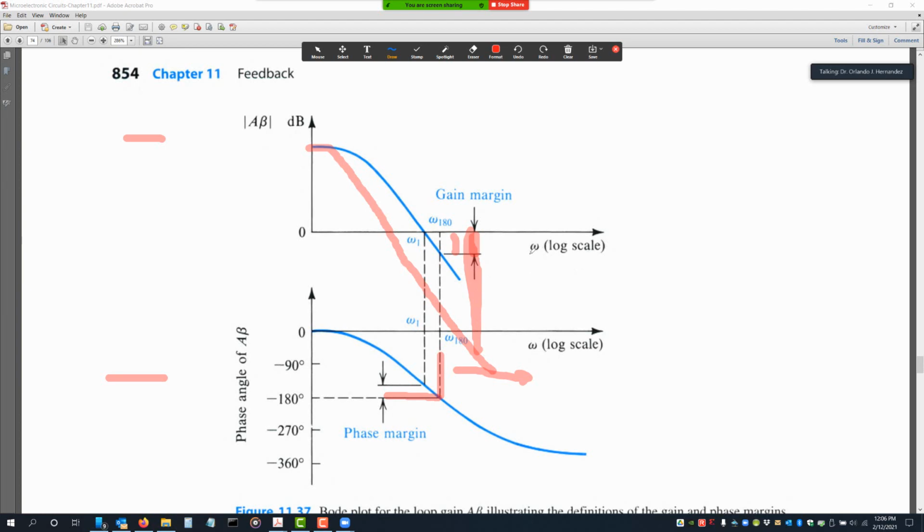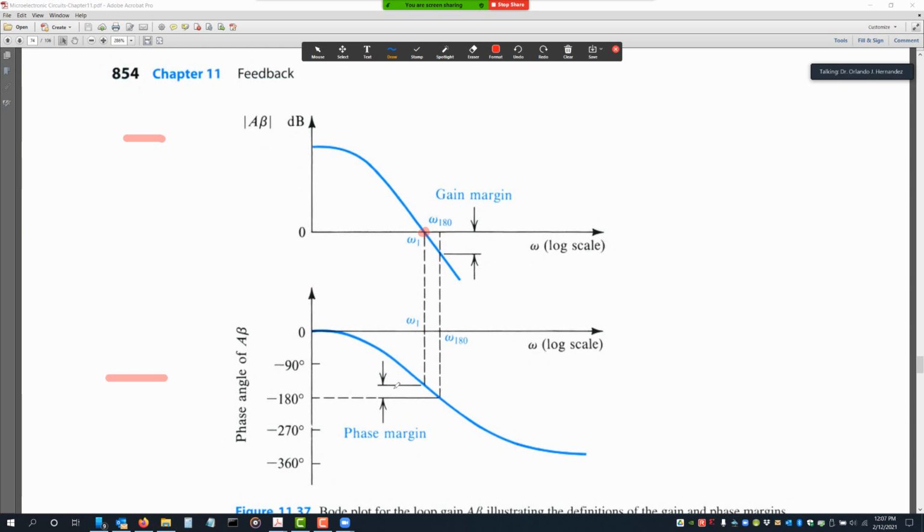On the other side, the frequency at which your gain is 0, so you are at that point to cross the threshold from positive loop gain to negative loop gain, which is a bad thing, when you are past the 180 phase.